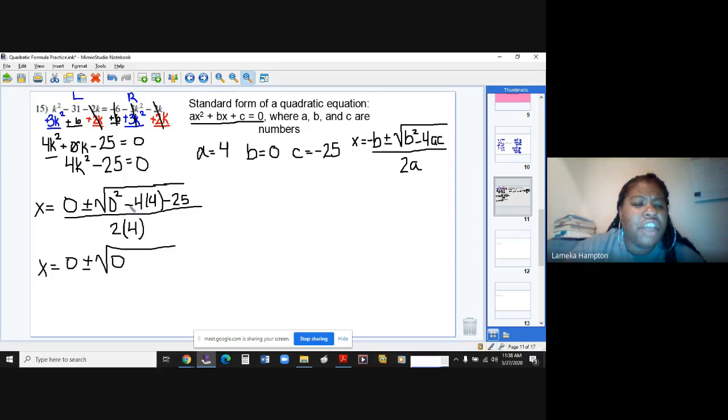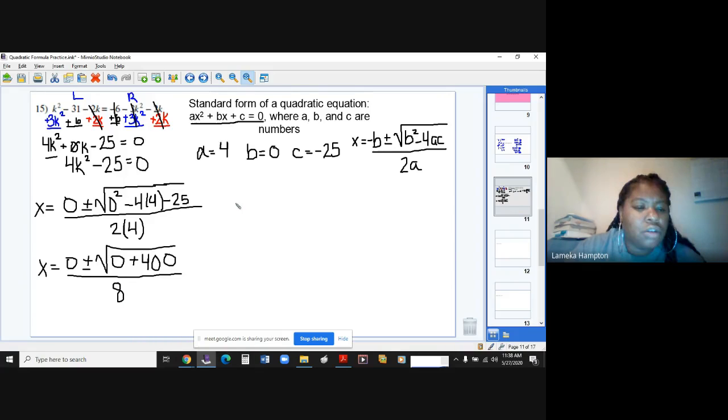I have a negative 4 times a negative 25, that gives me a positive 100. Positive 100 multiplied by 4 gives me a positive 400. And then, of course, I have 2 times 4 is equal to 8.